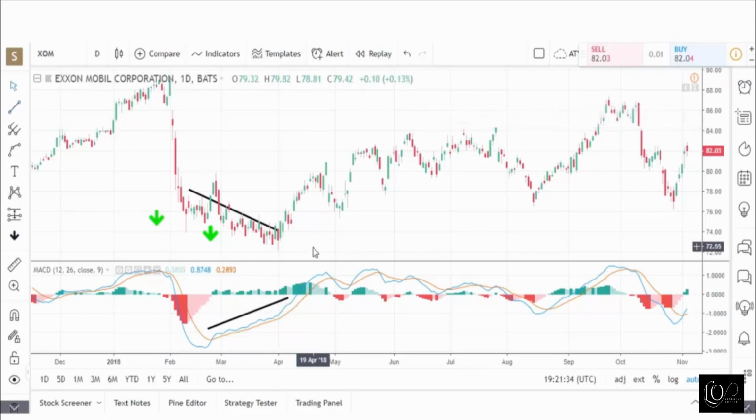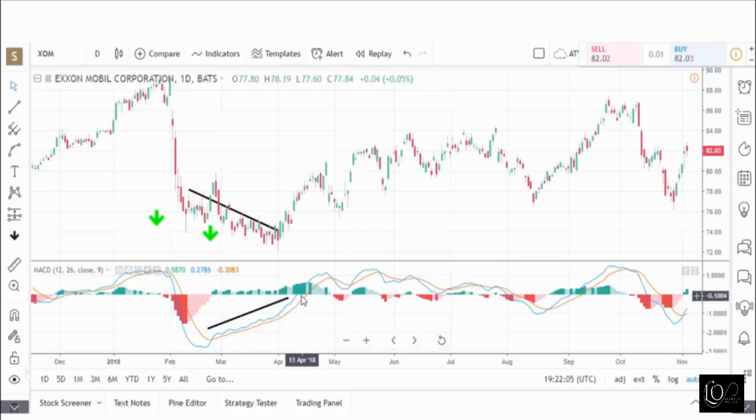So this is a bullish divergence in the MACD. We have the price of ExxonMobil dropping, and the MACD rising. So this should tell us, if we're short the stock, to tighten our stops and possibly look for an exit of our short and prepare to go long.